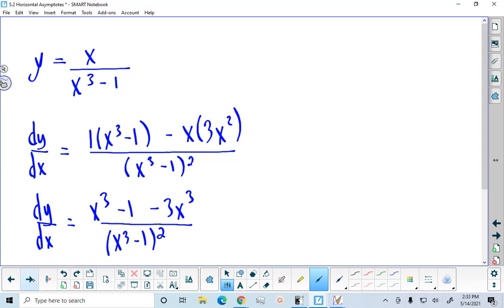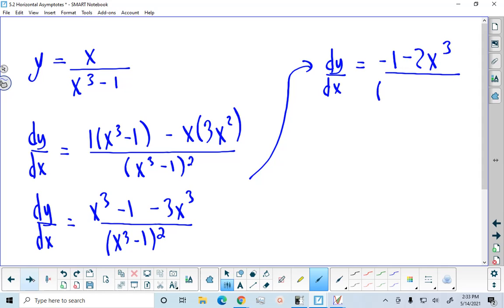The top is negative 1 minus 2x cubed over x cubed minus 1 squared. Are we in agreement on that? Take a minute, no rush. Double check all of the work on the derivative to confirm that you get the same thing.